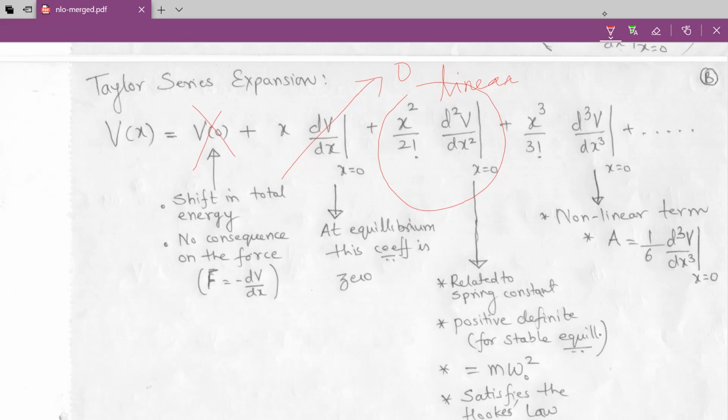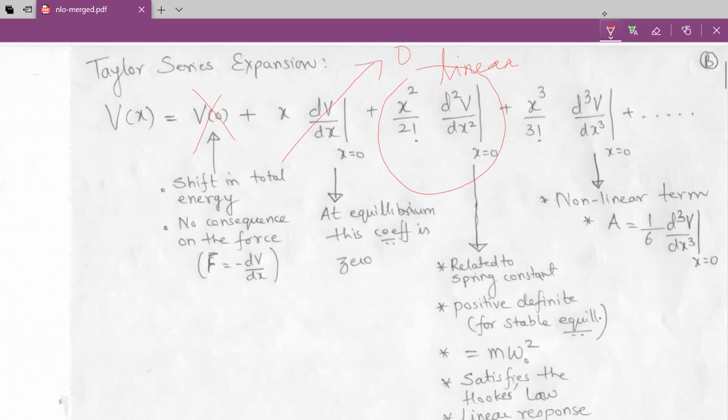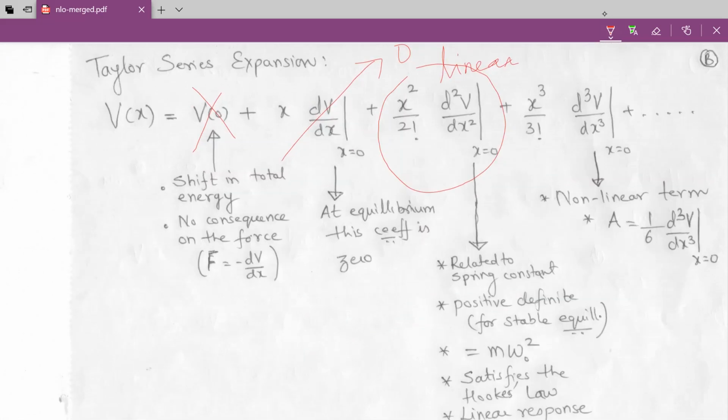And remember that we had written the correction earlier as simply a times x to the power of 3. So you see that I can clearly identify my a, which is simply 1 over 6 times the third derivative of the potential with respect to x taken at x equal to 0.